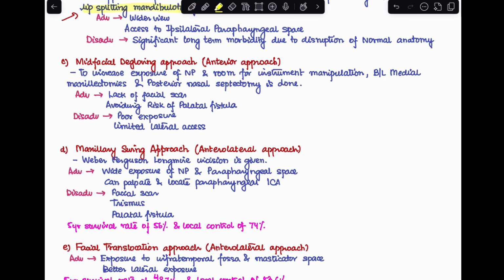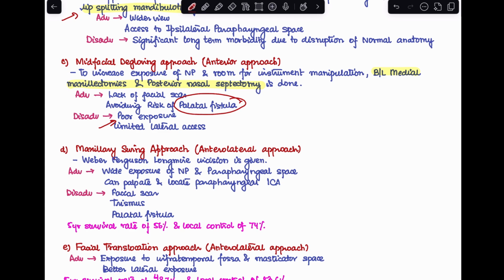So this is increasing our exposure of the nasopharynx, and we are performing a bilateral medial maxillectomy and a posterior nasal septectomy over here. Because we are approaching anteriorly, the risk of palatal fistula goes down. However, this also has poor exposure of the lateral area. We are not having enough lateral access over here.